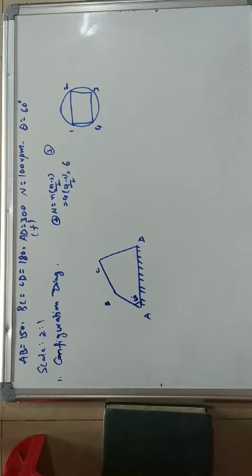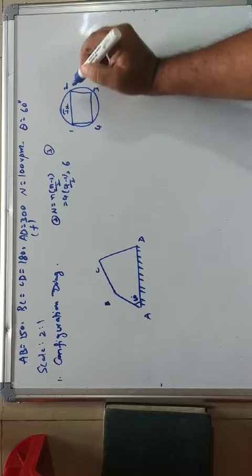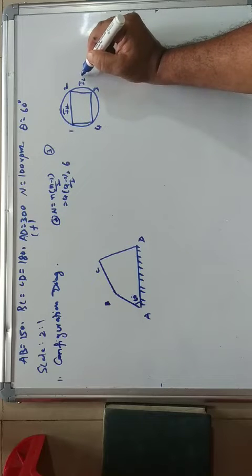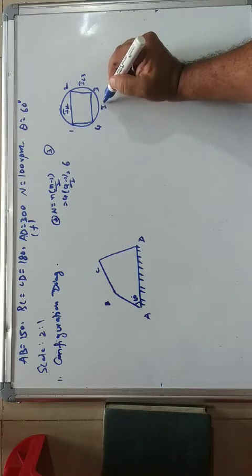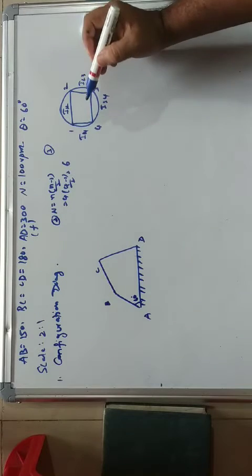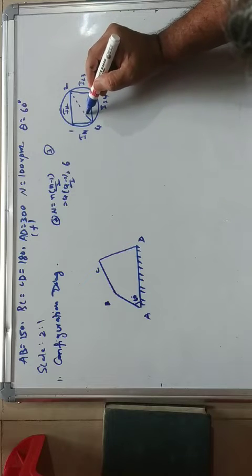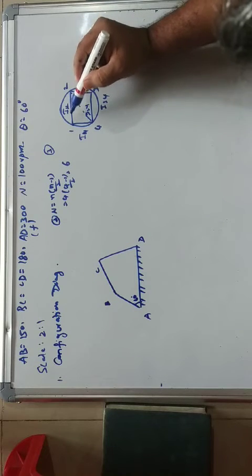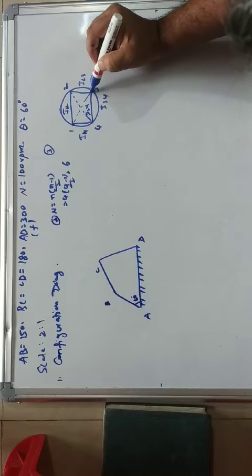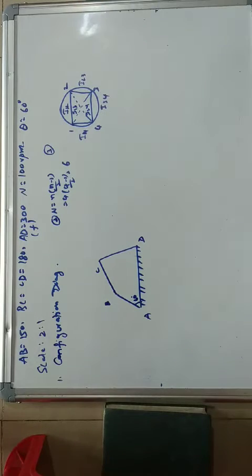After locating this, this is I12, I23, I34, here I14. Join this diagonal, this is I24. Join this diagonal, this is I13. So in total we have the 6 instantaneous centers.